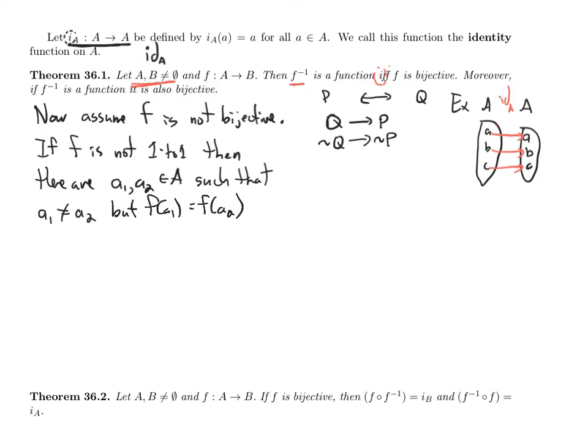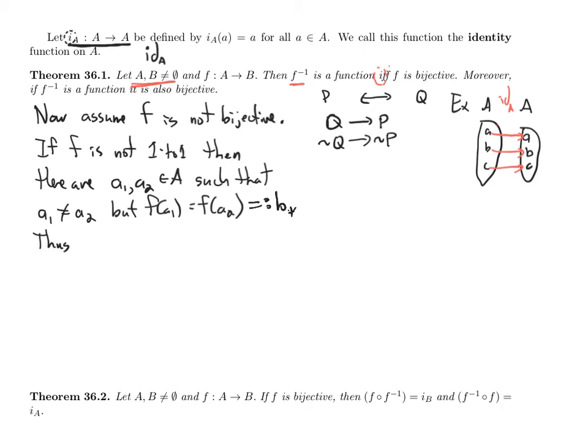And thus, well, what does that tell me? That tells me that in the inverse function, f inverse, f of a1 and f of a2 are the same element. Let's call that b star for now.